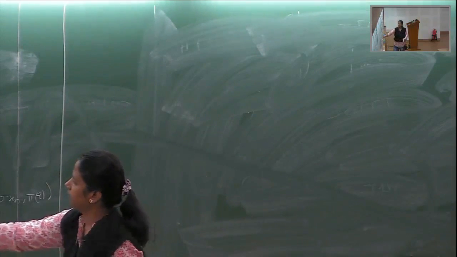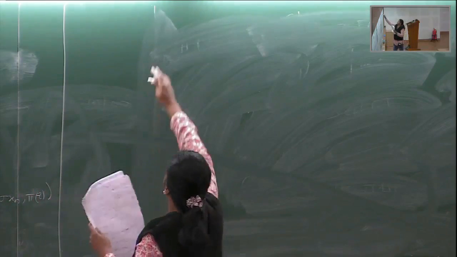Use the linearity property, and I am getting the generator, 1 over gamma inverse minus 1, and that product.